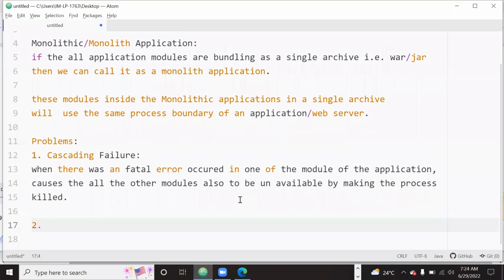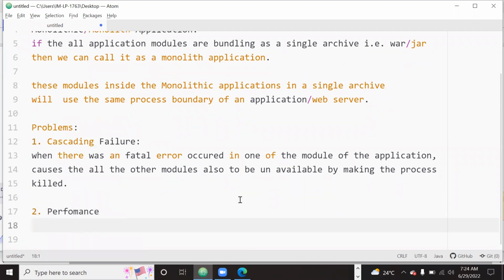Then the second one is performance. Assume we have the transactions, right?